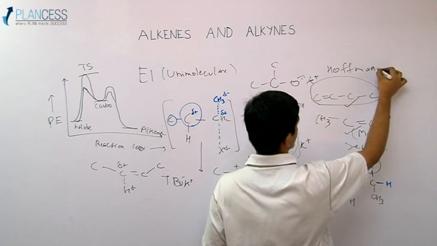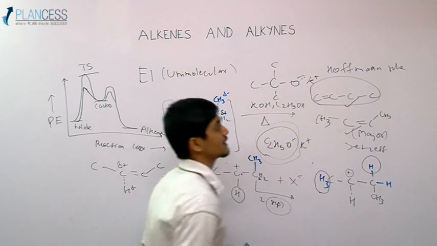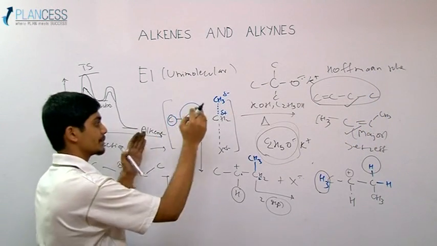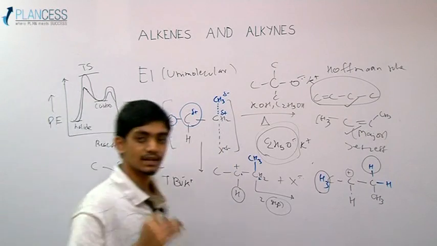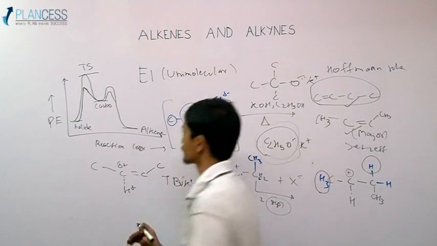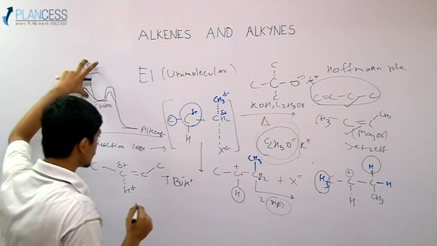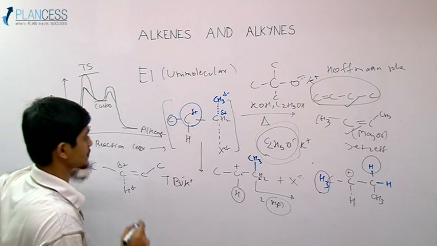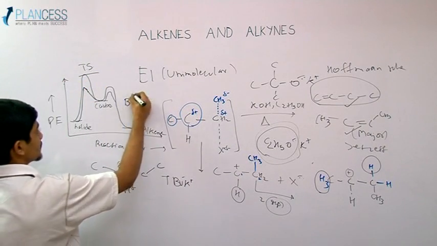Hofmann rule. That is, if you take a bulkier base, then the least substituted alkene will be produced, because if you look in this transition state, the base comes into the picture.